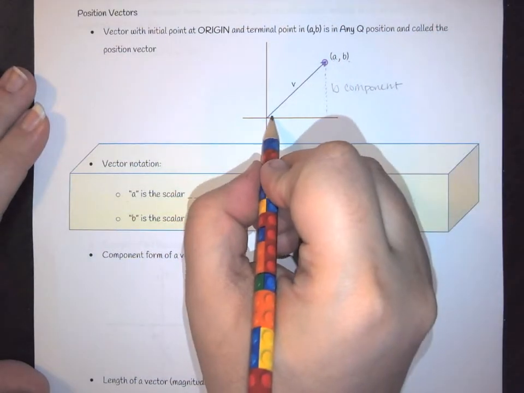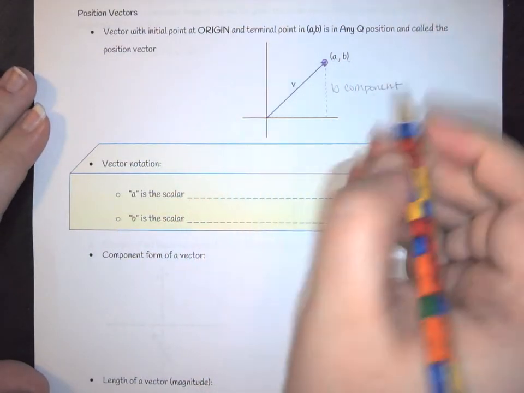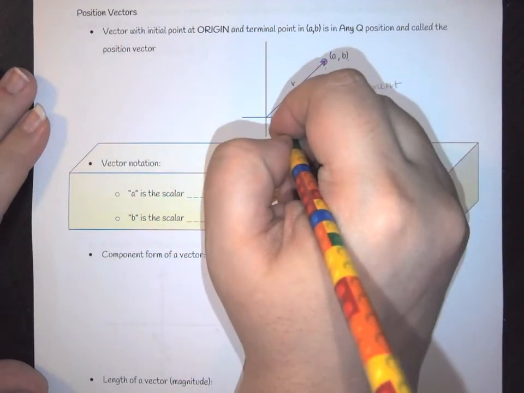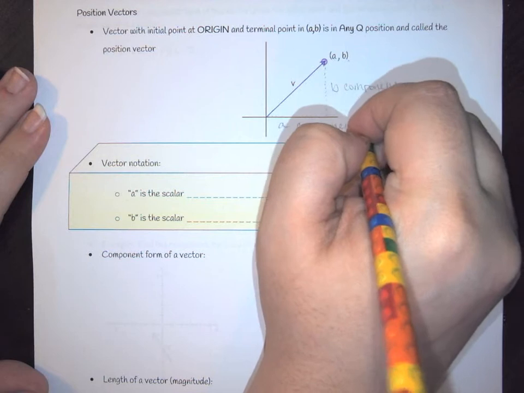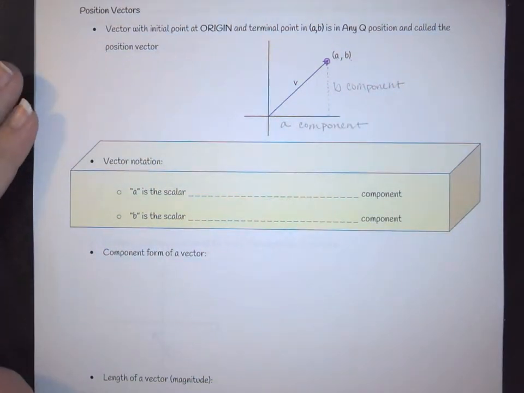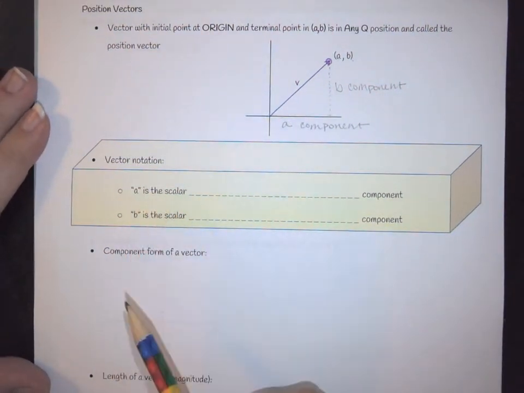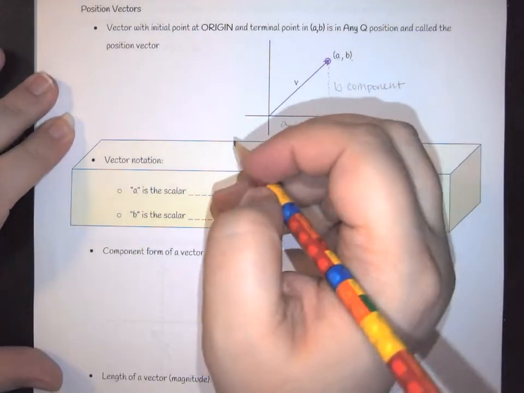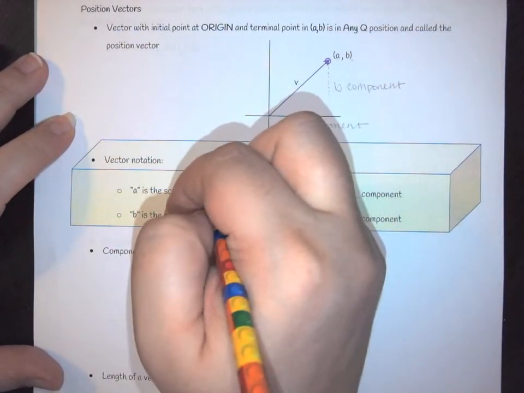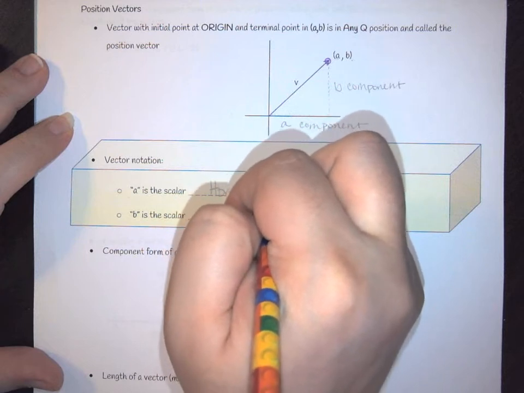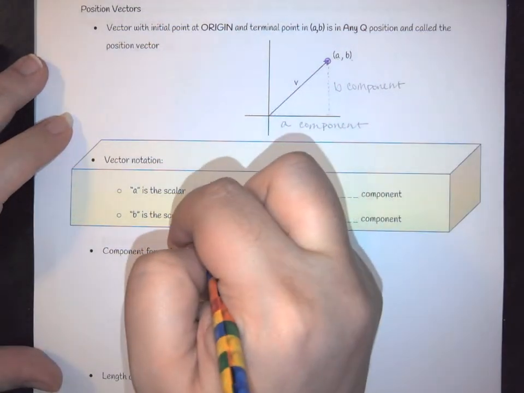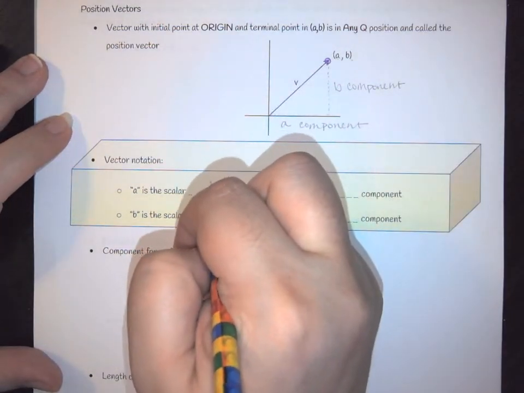And this along the bottom would be the A component. So with that, A is going to be the scalar that we call horizontal, and B is going to be the scalar vertical.